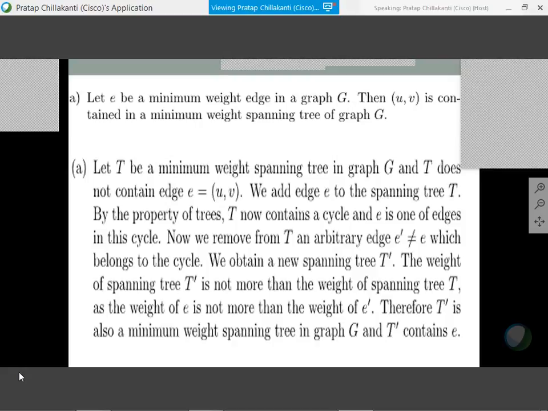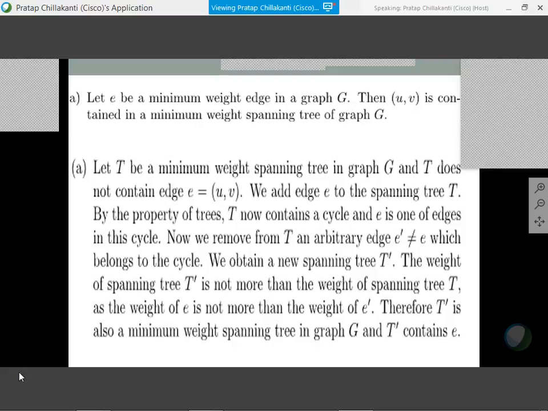That means you have to remove some edge E prime, which is not E, which belongs to the cycle. Once you remove that, you get a new spanning tree, T prime. Since we removed E prime and not E, and E prime's weight is more than E.